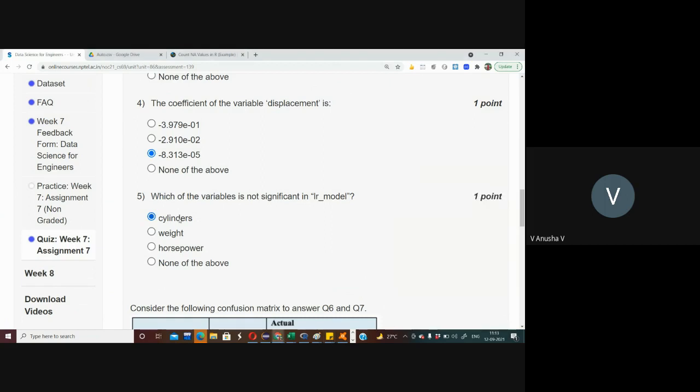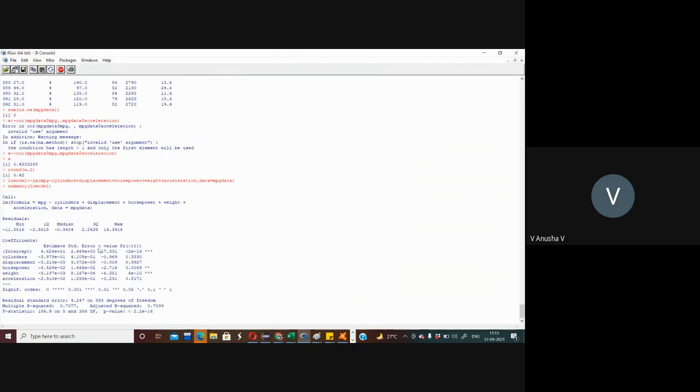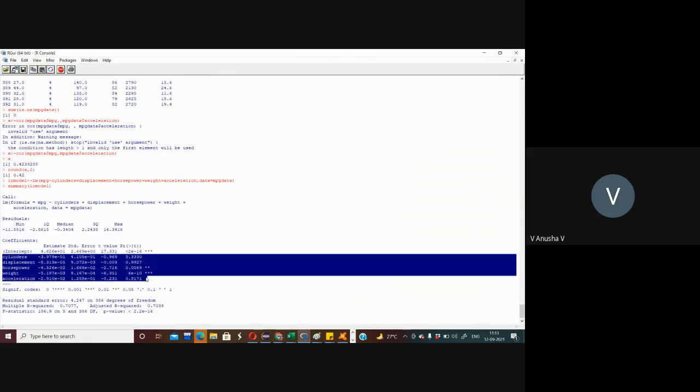You have to consider the p-values of all these variables. First, I'll be considering the cylinder variable. Let's go here. I'll just write it here somewhere.